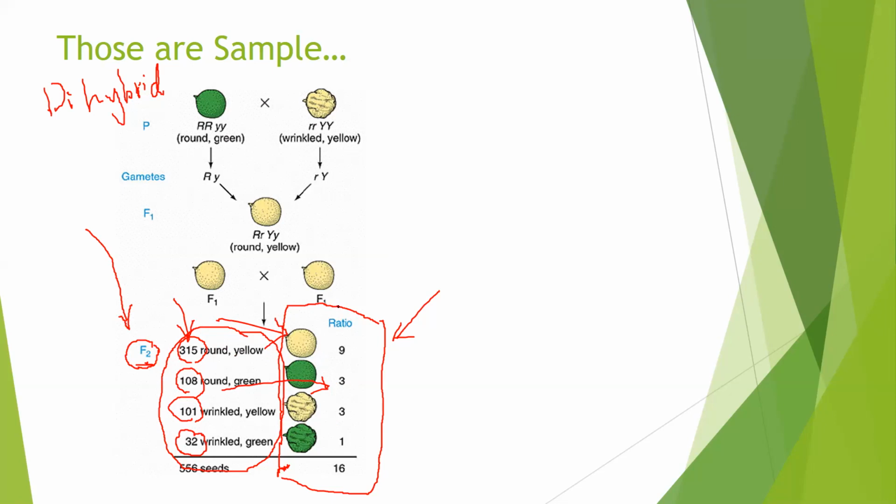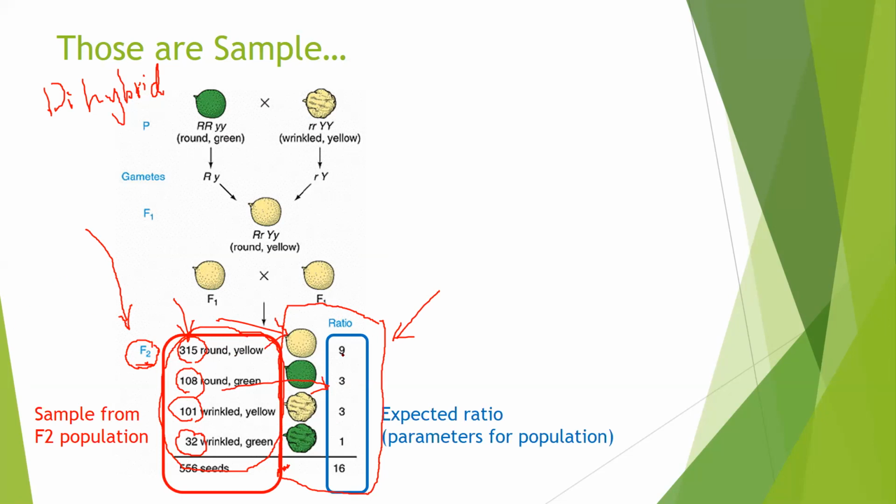All right, so this is a statistical analysis. As I mentioned, the expected ratio here is the parameter of the population, the F2 population. We do not know these parameters, and we want to estimate them. So we take a sample, and we use the phenotypic ratio in the sample to estimate the expected ratio in the population.